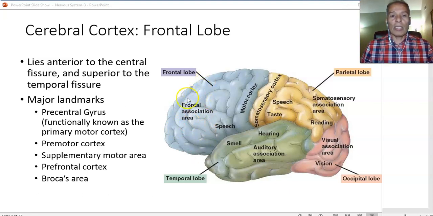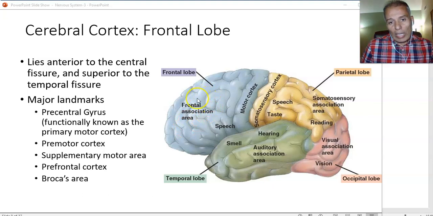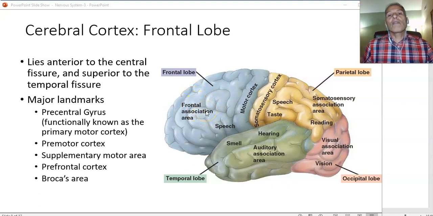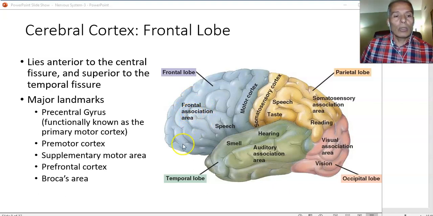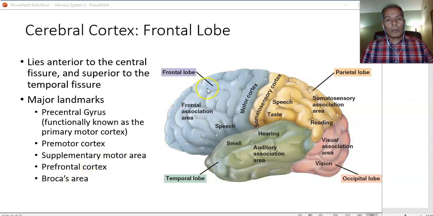It is the cortex that integrates various cognitive, motor, emotional, different functions together, integrated by the frontal association cortex. So the prefrontal cortex is the central executive of your entire brain, of your entire body.